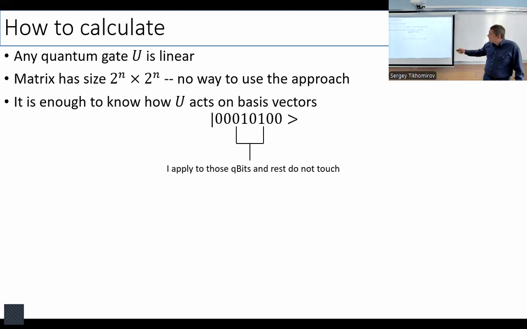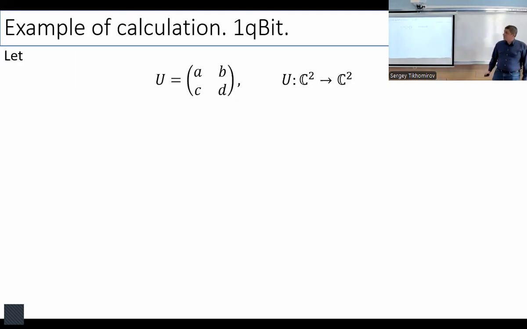So you can pick those to which the operation works, keep the rest the same as it was, and apply it only there. If it was a 2-qubit operation, this would be a matrix 4 by 4, and 4 by 4 is already a reasonable size. That's the strategy.